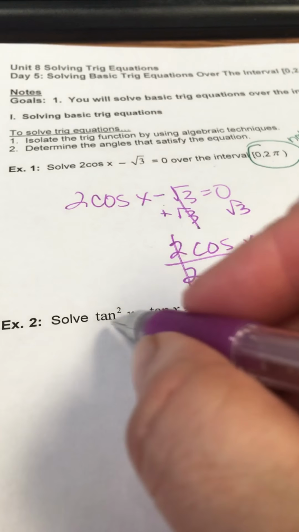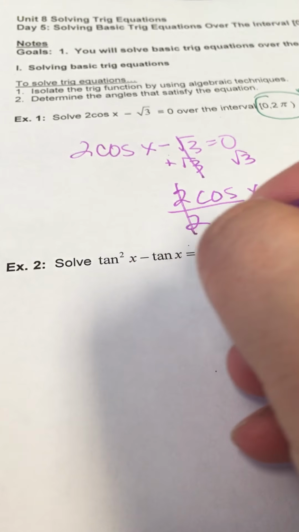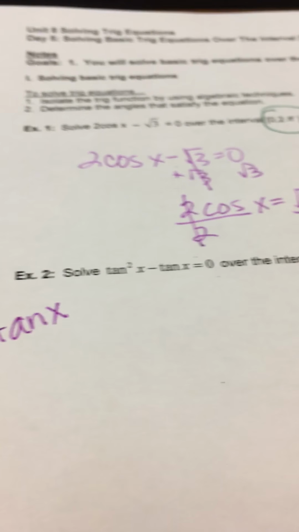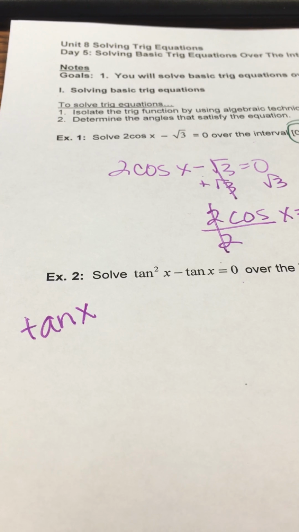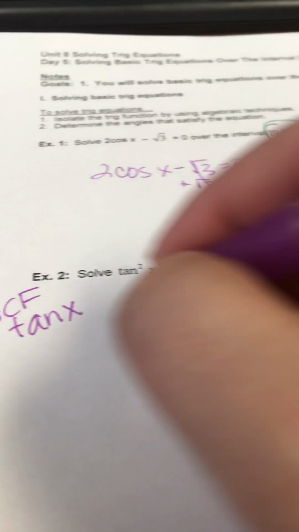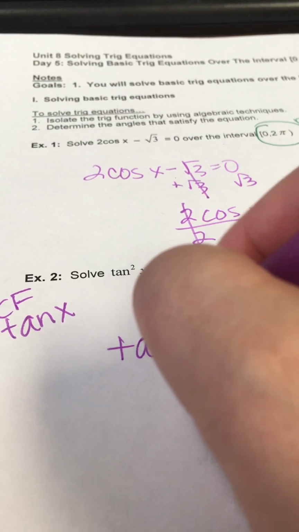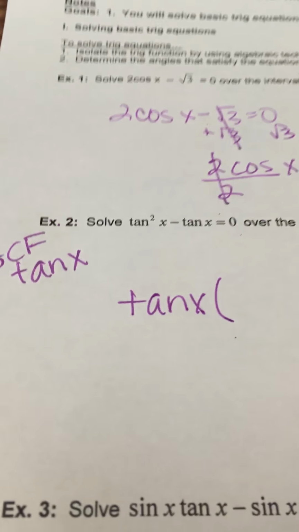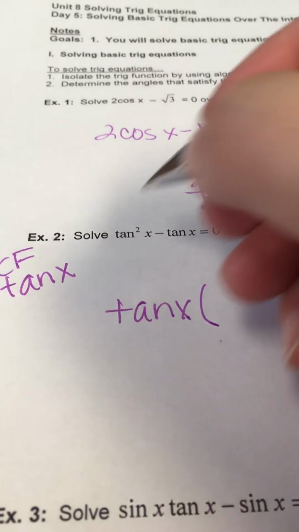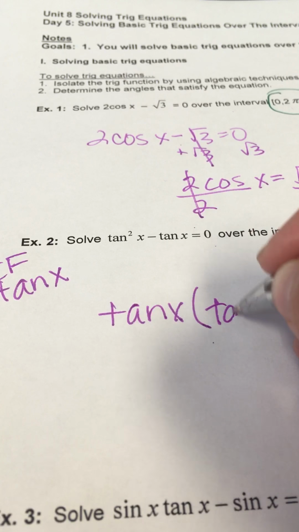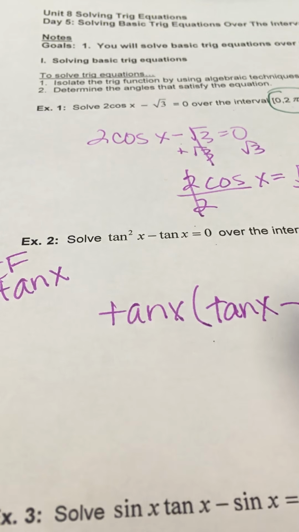Alright, this one is slightly different because you have two tangents here. You want to do a GCF of tangent x. So there's your GCF. So you want it on the outside of the parentheses. Okay, so it's like tangent minus 1.